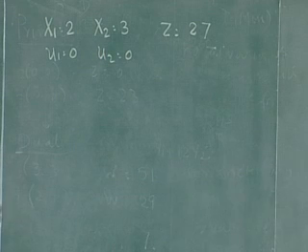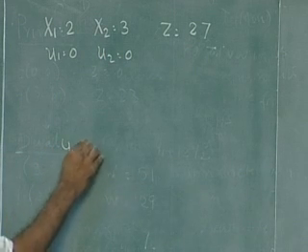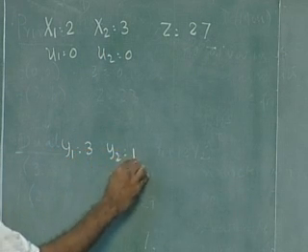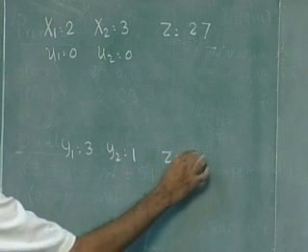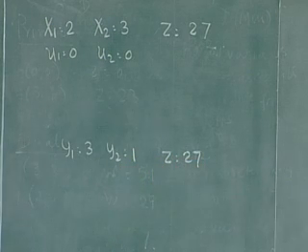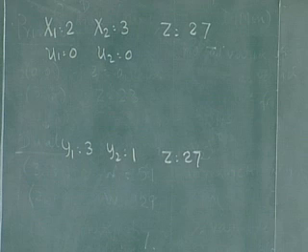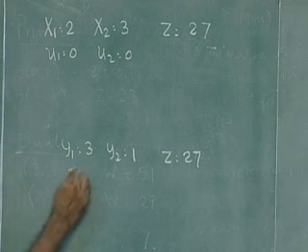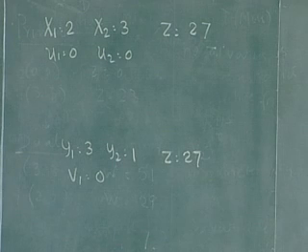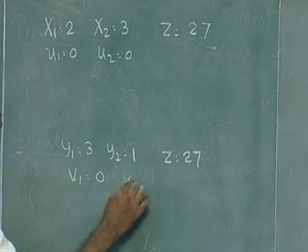So the optimal solution to the dual is y1 equal to 3, y2 equal to 1, z equal to 27. Primal and dual will have the same value of the objective function at the optimum. Now y1 equal to 3, y2 equal to 1 would make v1 equal to 0, and v2 also equal to 0.